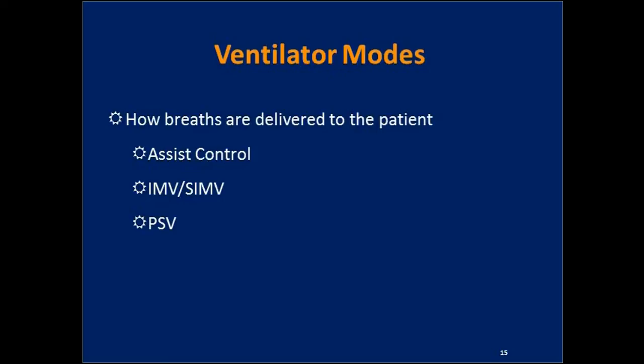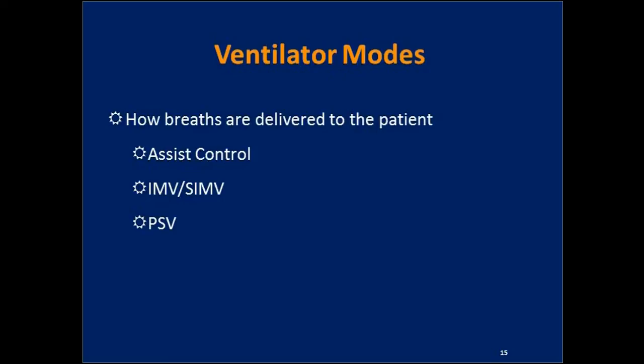Every time you give a breath, it needs to be a full volume of 500. Now, the machine will do what it's told. The patient is going to sometimes do their own thing too, because it's a natural response to want to breathe. So sometimes the patient will breathe on their own in conjunction with the ventilator.